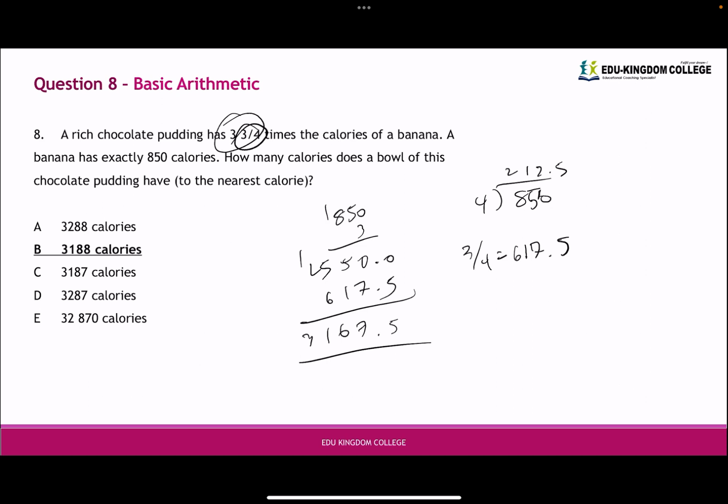Sorry, I think something's not quite right there. That should be 3, so this should be 8. So we've done 212.5 times 3 to get to this. So 637.5 plus 2550 is 3187.5, closest to 3188.